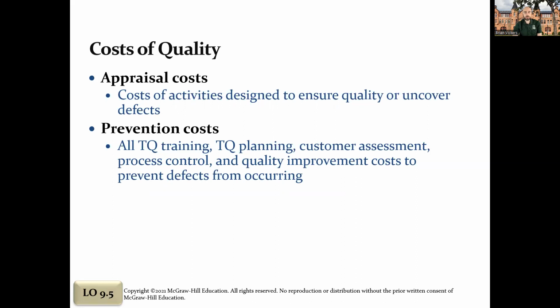You've done assessment of what your customers' needs are, and you've done quality improvement such as new equipment, replacing damaged or hazardous parts on machinery. You've done quality upgrades of software, et cetera, right? So preventing those defects from occurring.